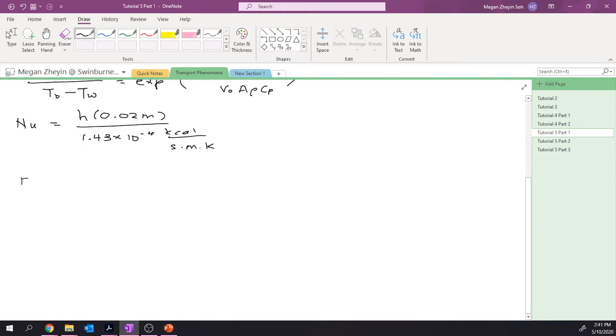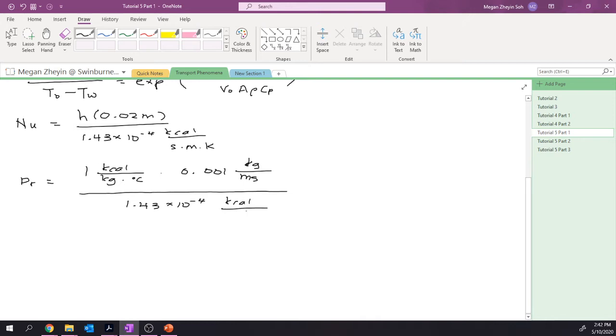Now for the Prandtl number, we can calculate Cp mu over k, so Cp is 1 kilocal per kg per degree Celsius multiplied by mu, 0.001 kg per meter second, divided by k, which is 1.43 times 10 to the power of negative 4 kilocal per second per meter per Kelvin.